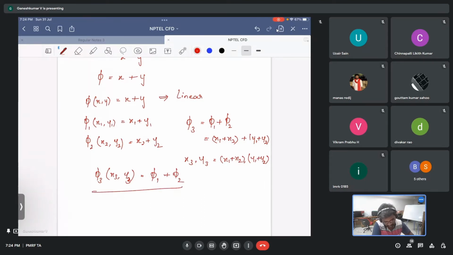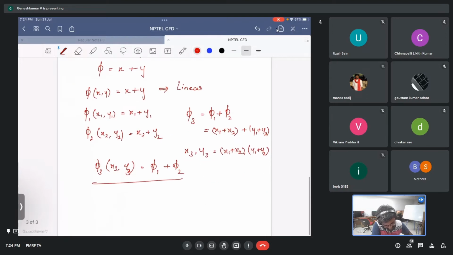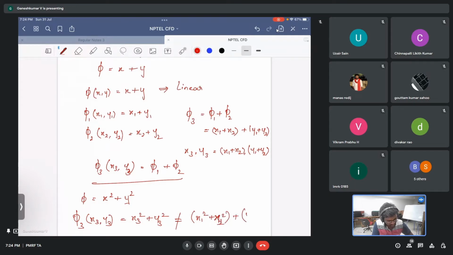The similar thing won't go if phi is, let's say, x square plus y square. You can't write a third variable phi 3, which is a function of x3 and y3, as x3 square plus y3 square. You can't write it as x1 square plus y1 square, so x1 plus x2 square plus y1 square plus y2 square.